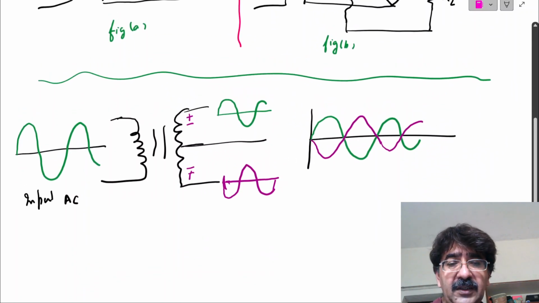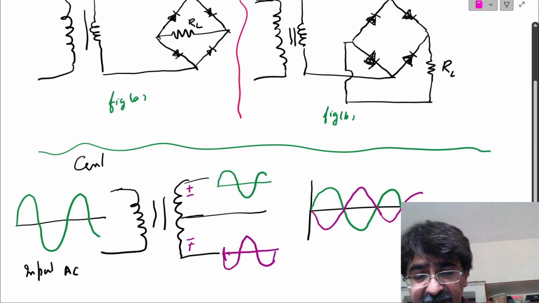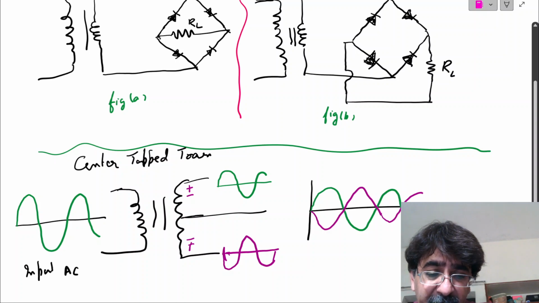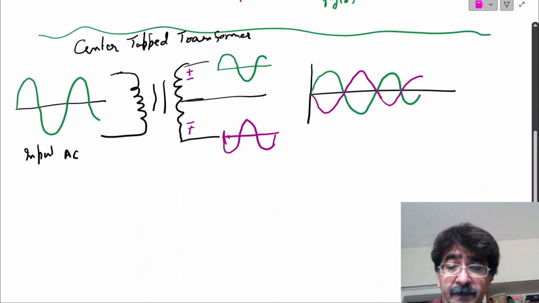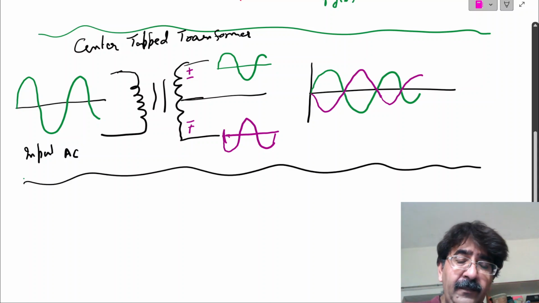The center tap transformer converts one signal into two signals.